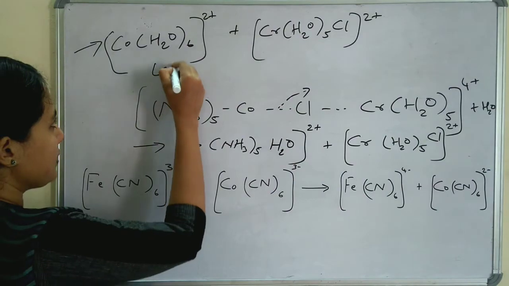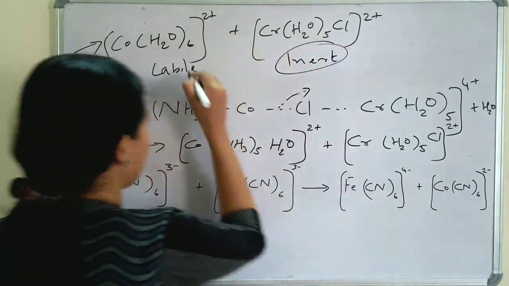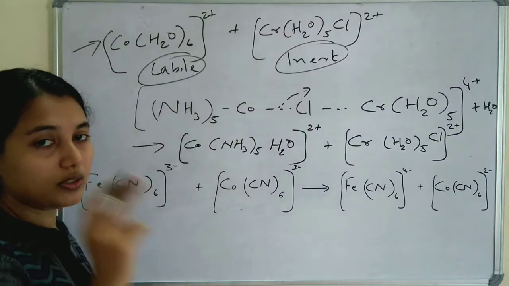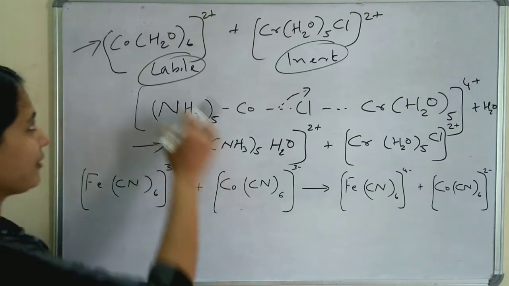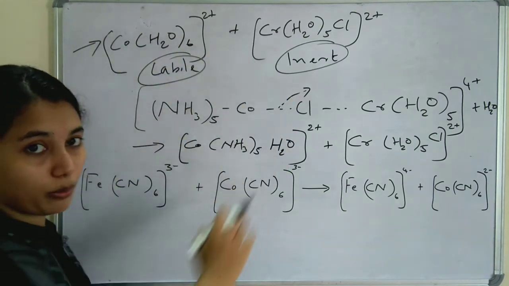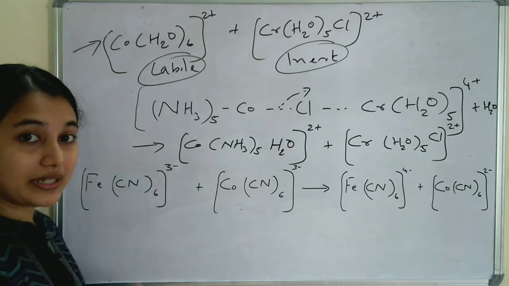And this complex is labile and this one is inert. In this example, the bridging ligand chlorine is transferred from one complex to another, from the cobalt sphere to the chromium sphere.